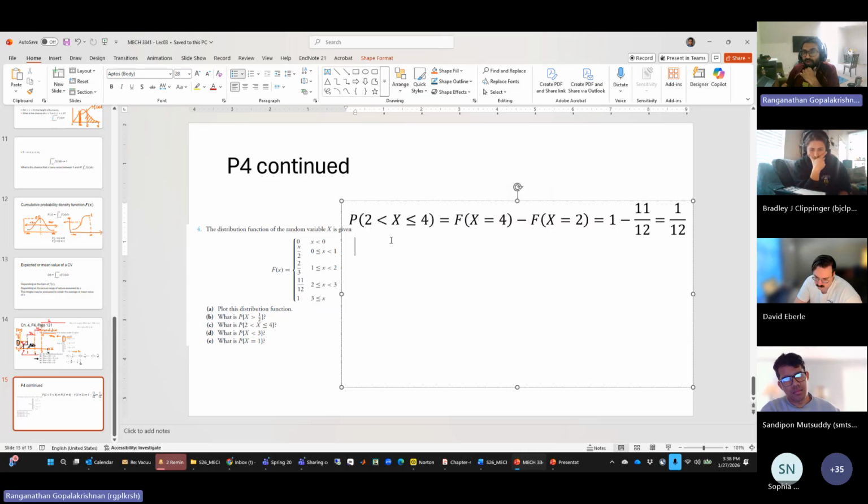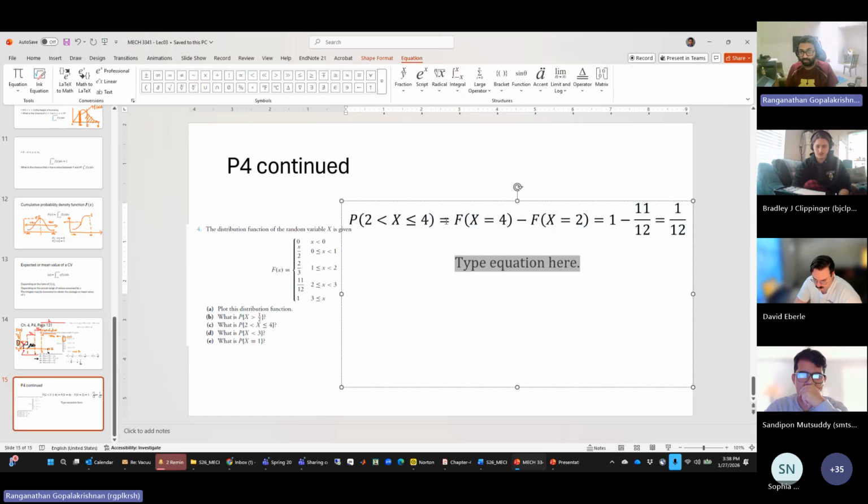So if you have this between 2 to 4, the negation of that set, if I were to do it that way, I have to count everything to the left of 2 and everything to the right of 4, which is the function at x equals 2.